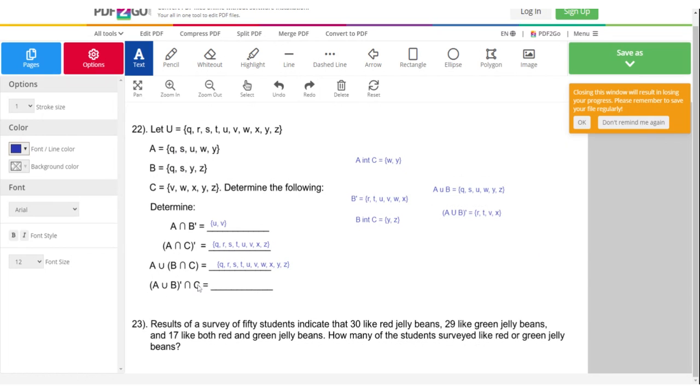And now we got to intersect that with C. In other words, take the common elements between this and C. And it looks like the only thing that's common is X.